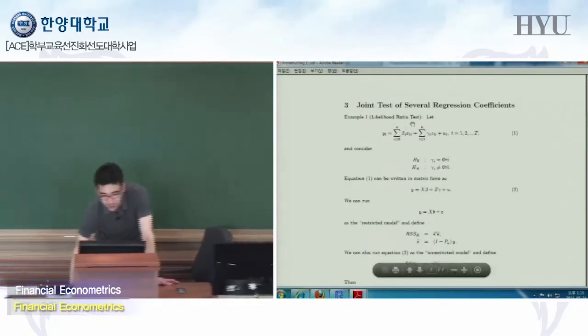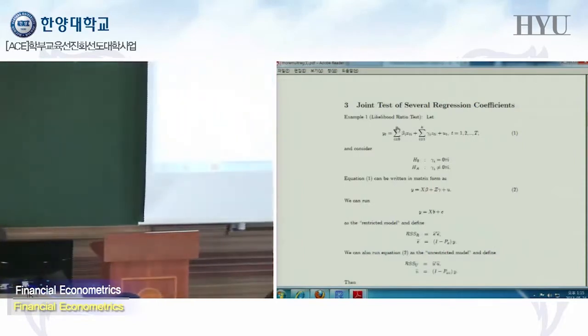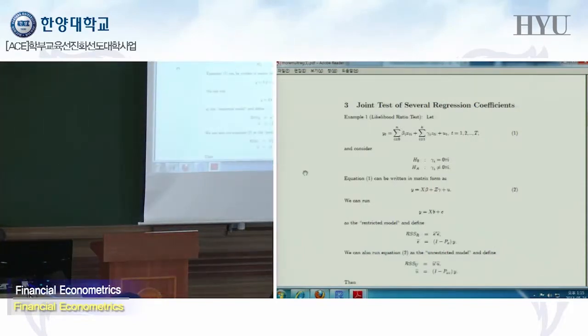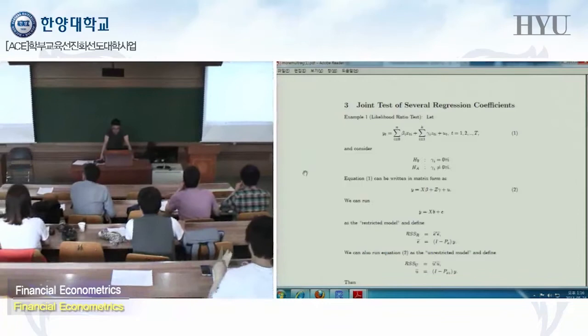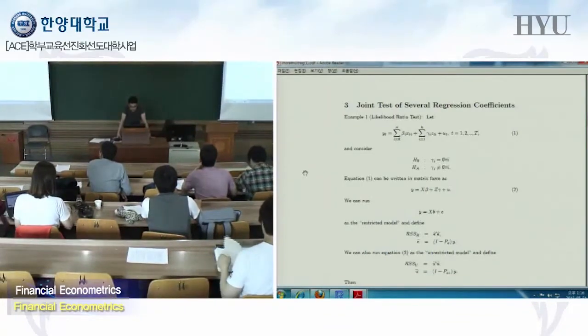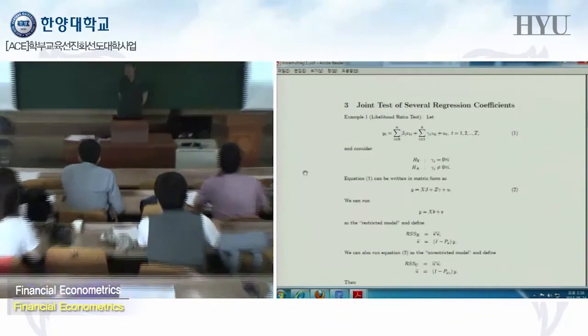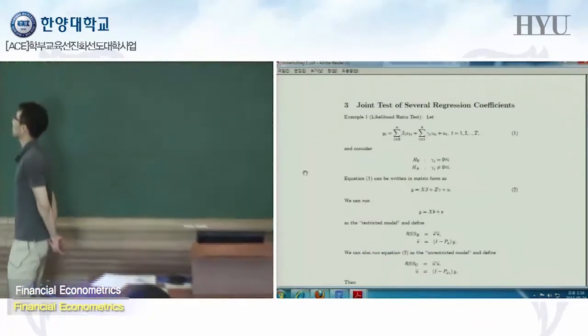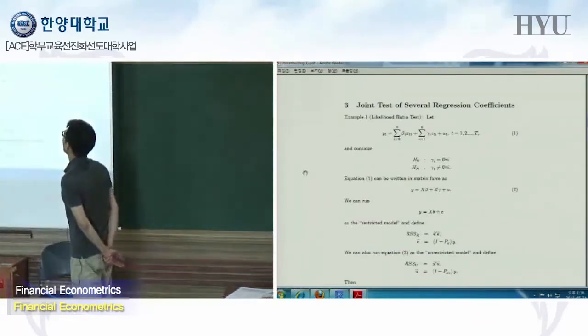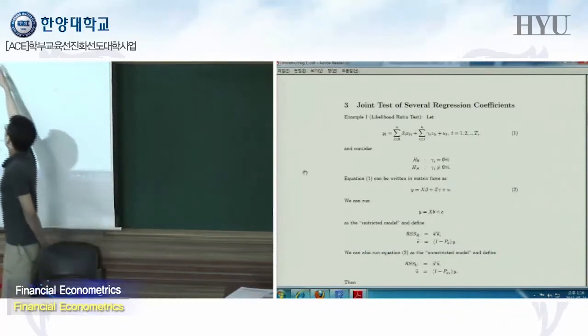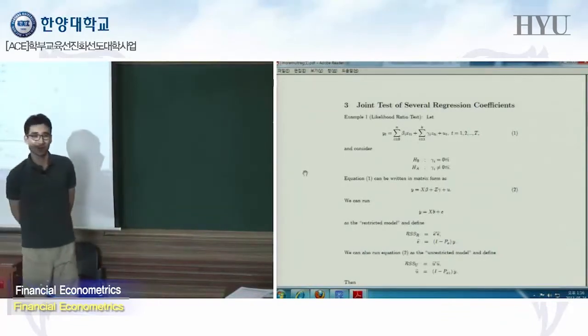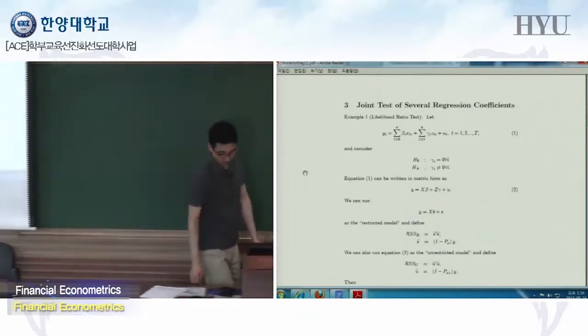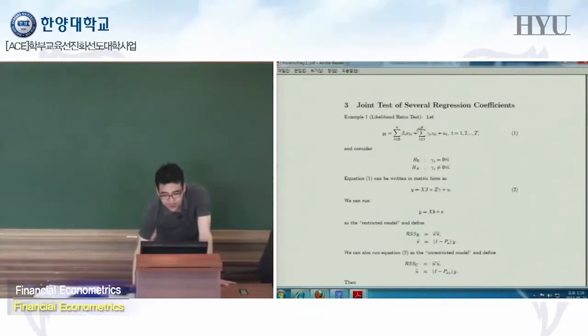First, likelihood ratio test. Let y_t equal the sum of beta_i x_ti from 0 to n, plus gamma_i z_ti from 1 to k, plus u_t. Our hypothesis is whether this entire block is useless or not. We want to test whether this second set of information is useful.